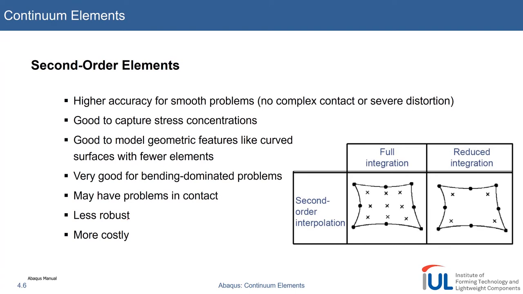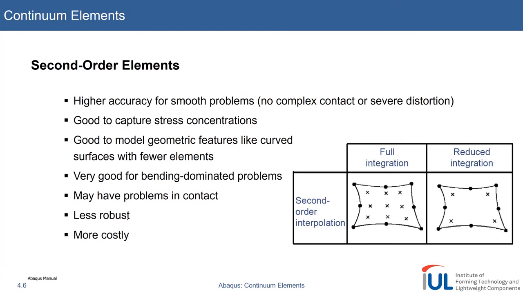Second order elements, you still see this being applied in some special cases, especially for so-called smooth problems. Good question, what it actually means. It can mean a lot and nobody really knows for sure what it means. Sometimes people refer to the contact formulation, the material behavior, the evolution of a deformation process, and so on.